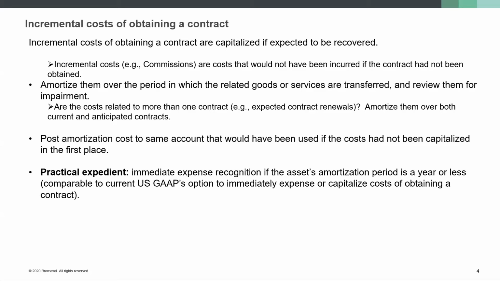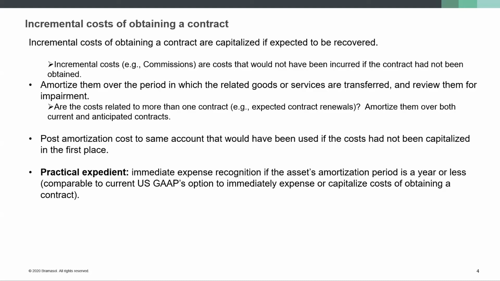We see that many companies, especially when it comes to commissions accounting, some companies have sophisticated models, some companies are doing it in Excel, but it's something to really consider because it hasn't been done before. So if you haven't done so, it's something to start thinking about now. One last point on incremental cost to obtain is there's a practical expedient.